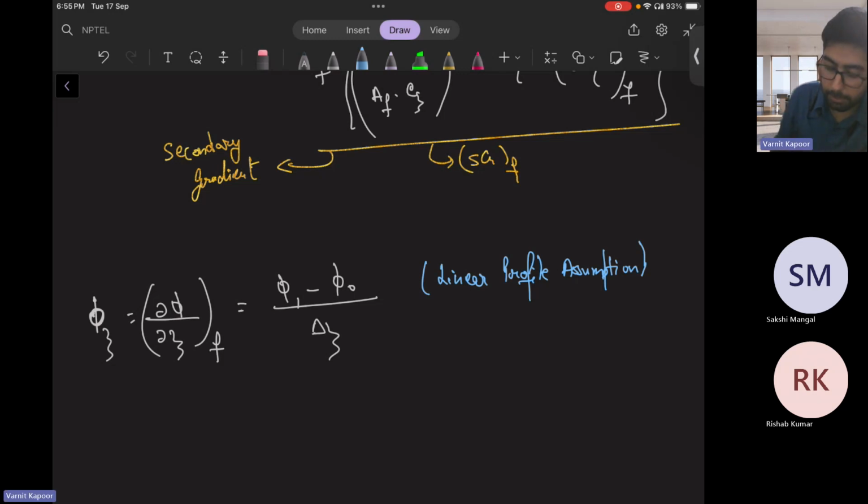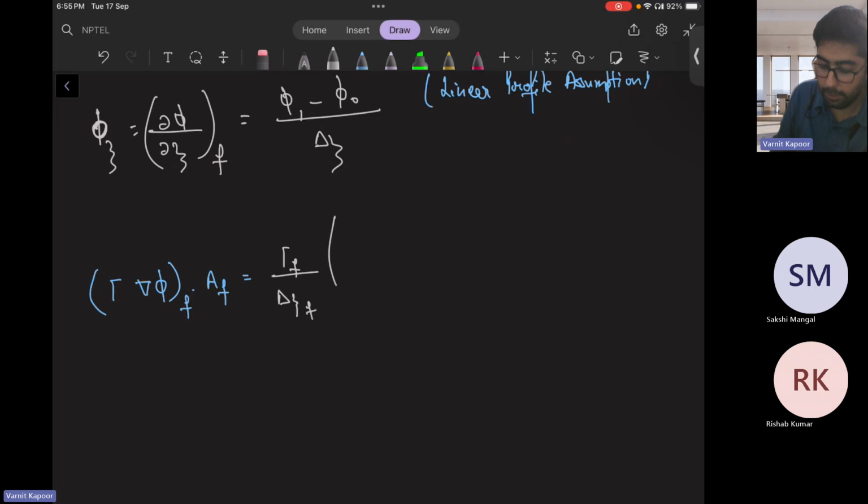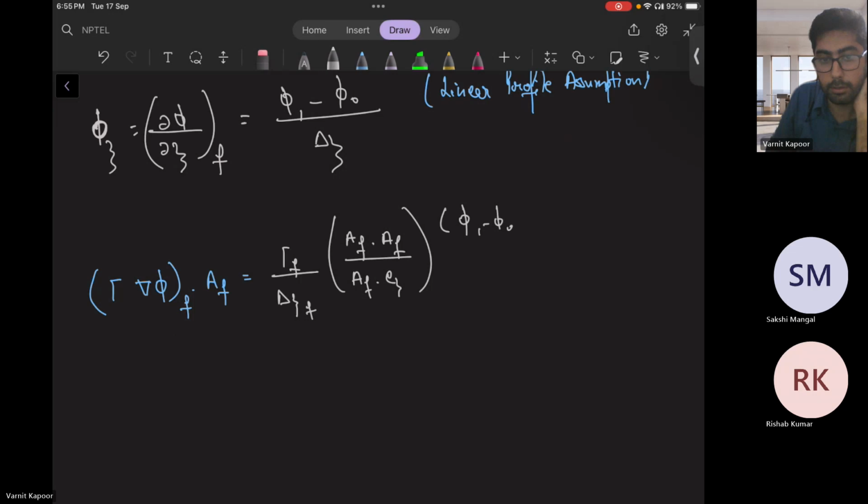So how I can write the complete term: gamma at phase dot A_f can be written as gamma_f into A_f dot A_f over A_f dot e_zeta into phi 1 minus phi naught over del zeta, plus your secondary term, the secondary gradient.